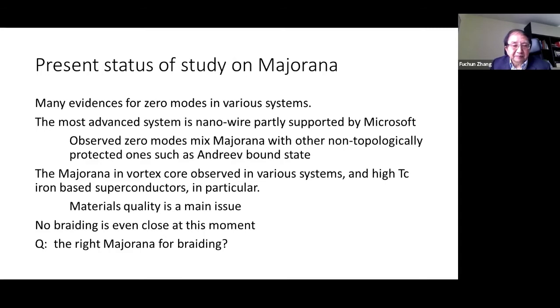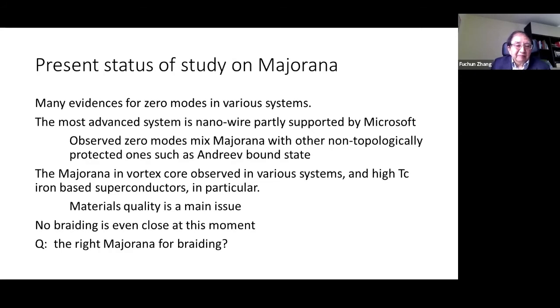In the vortex core, Majorana modes are observed in various systems, and in high-Tc iron-based superconductors in particular. The problem with these high-Tc materials is that the material quality is a big problem, not homogeneous. And in the study by Jinfeng Jia, the mini gap is too small to distinguish.